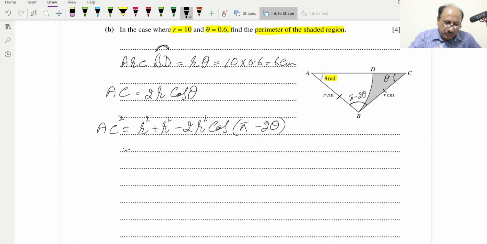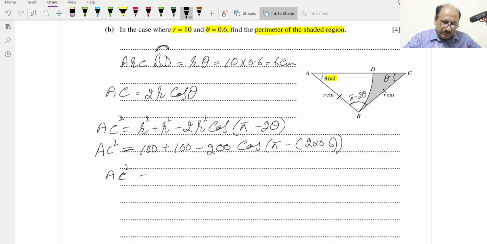Now we know the r value is 10, so 10 square will be 100, plus r square will be 100, minus 2 into r square, which will become 200 cos of pi minus 2 theta, where theta is 0.6 as provided, so I will write 2 into 0.6 and the bracket will be closed over here. Now this is the value of AC squared.